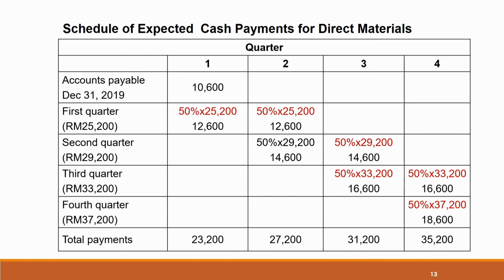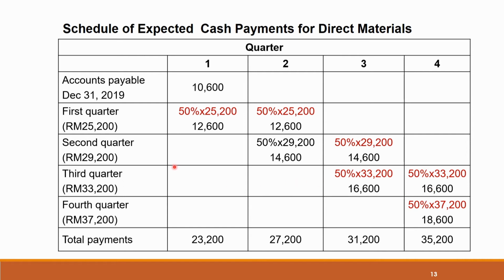And the next one, the third quarter, you can see we will make the cash payment in the current quarter, 50% from 33,200 and the payment is 16,600 in the third quarter. And this one, we have to pay in the following quarter, 50% from 33,200 and you get 16,600.